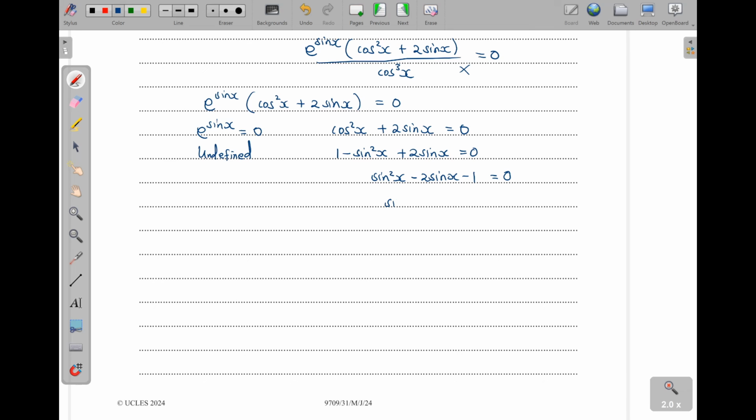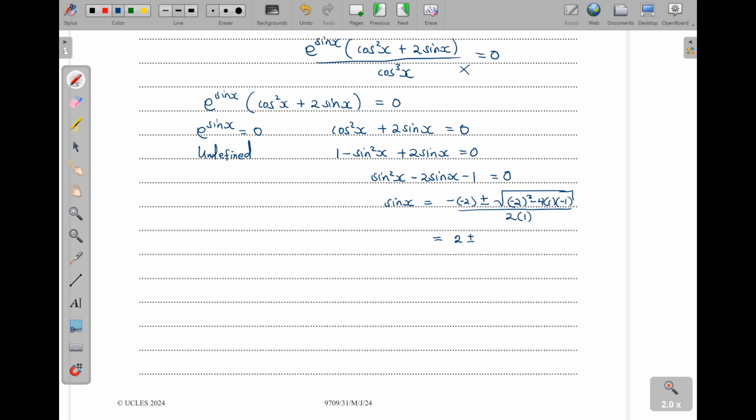So sine of x here, because this is a quadratic in sine x, is going to be equal to minus b plus or minus the root of b squared minus 4ac, all over 2a. Okay, then from here we can get 2, then plus or minus.